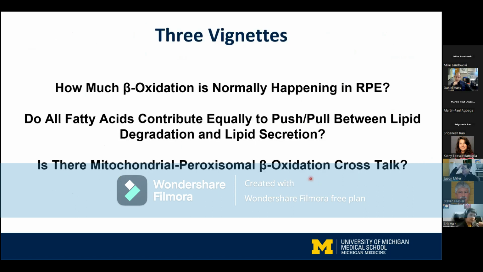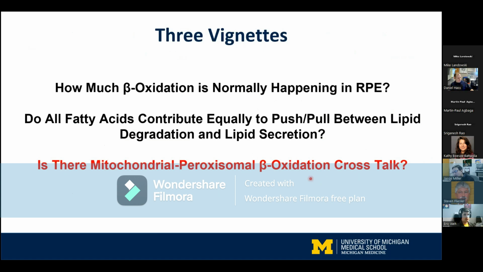So I probably won't be able to really talk about this vignette because we're running up on time, but I'll at least just introduce the idea that maybe, and this is not our idea for sure, Kathy introduced this in some of her previous papers that have studied peroxisomal biology in the RPE, and many others have mentioned this before. But once it starts happening to you, you start realizing what everyone's talking about.